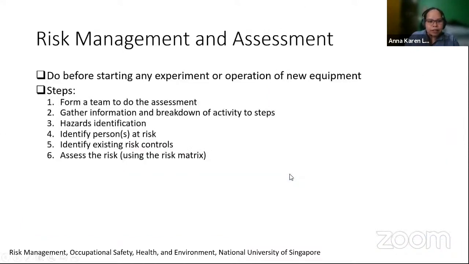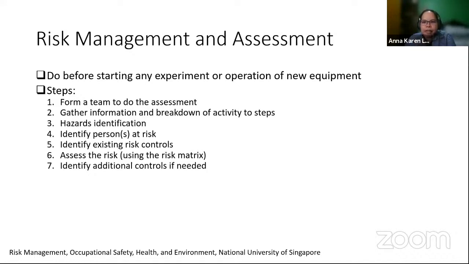After identifying the risk level, if needed, you might have to identify additional controls. Again, this is if the risk score is 3 or 4 and up. If the score is 3, you can consider adding additional risk controls.